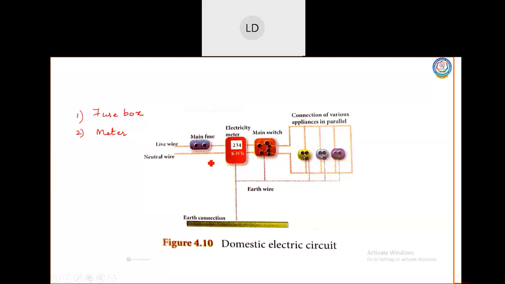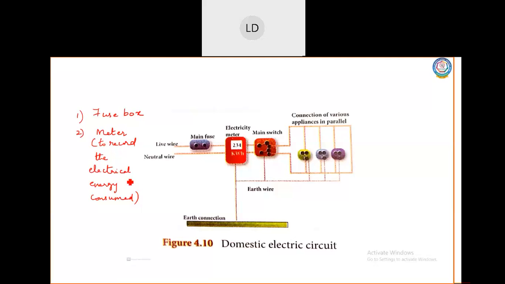Why do we use this electricity meter? It is used to record the electrical energy consumed. Right.